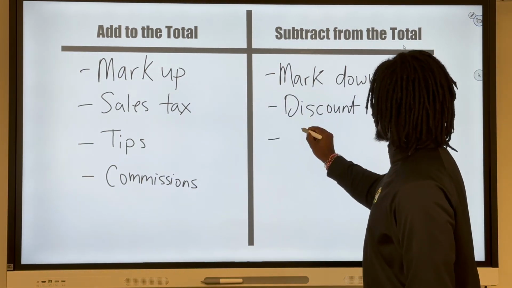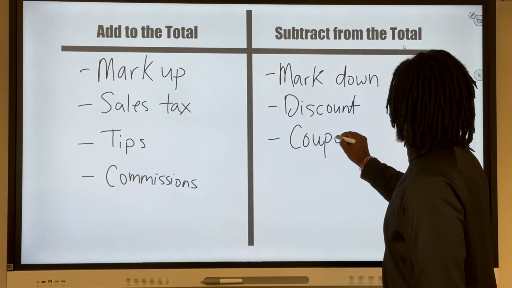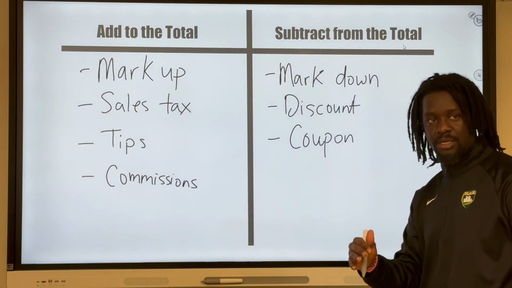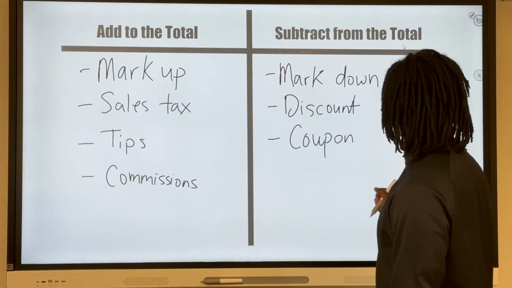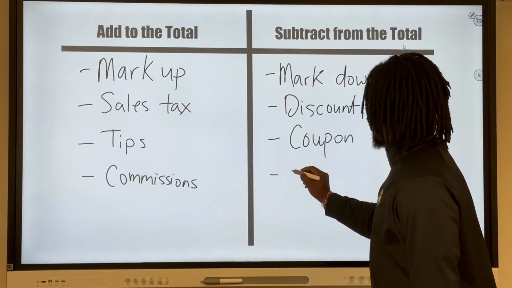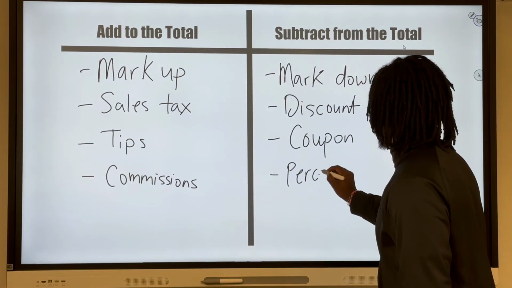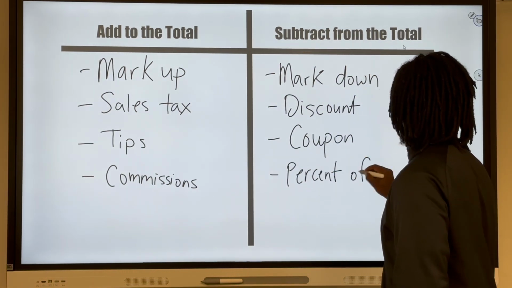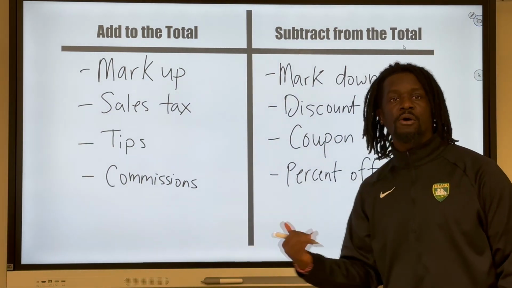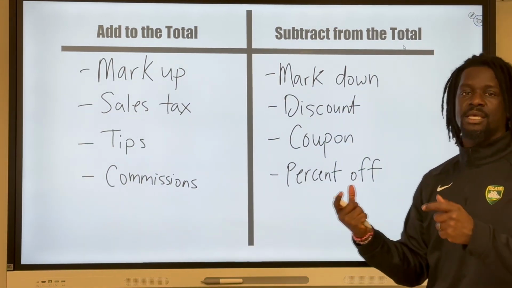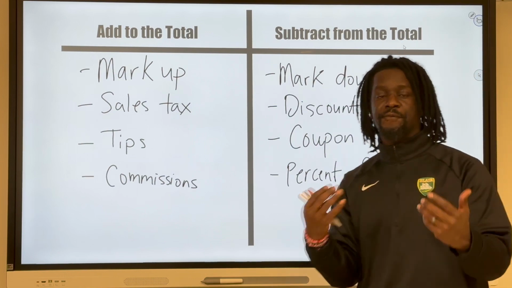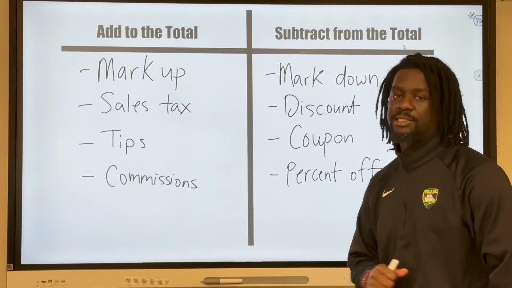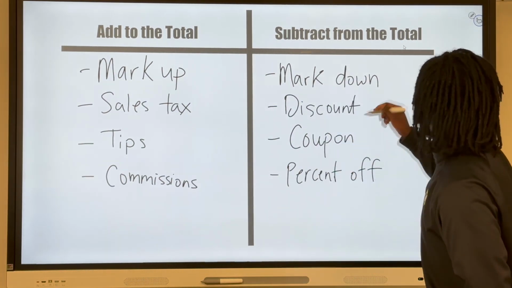The same thing if you have a coupon. That is also a time where it's going to be subtracted. Another one I'll just add, you may see this. These are just some keywords. If it says you have this percent off, these all indicate that you are subtracting from the original price.